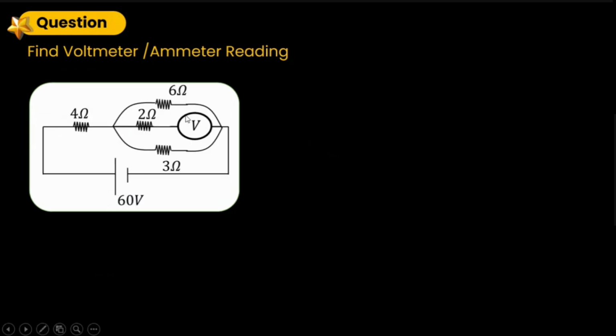Another question. Now just try this question out. So when it says that the voltmeter is applied across this 2 ohm resistor, it means it must be connected in parallel, not in series. Because you can't use voltmeter to be connected as a series part of the circuit.